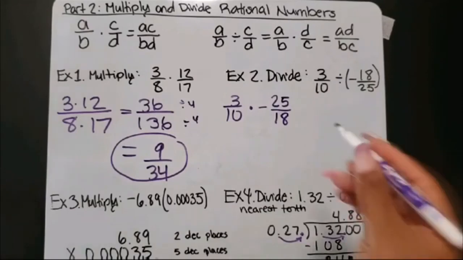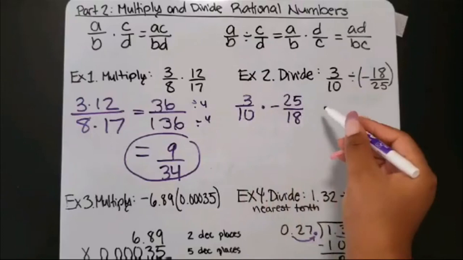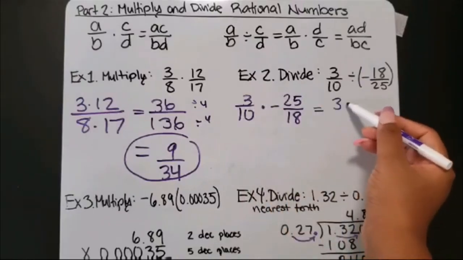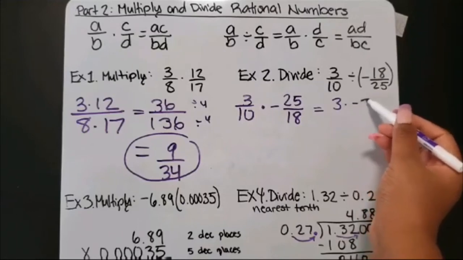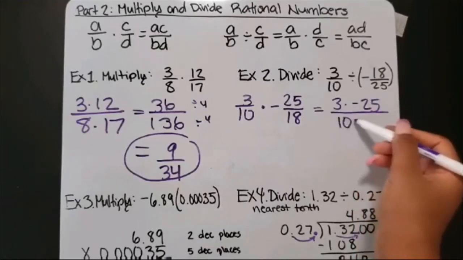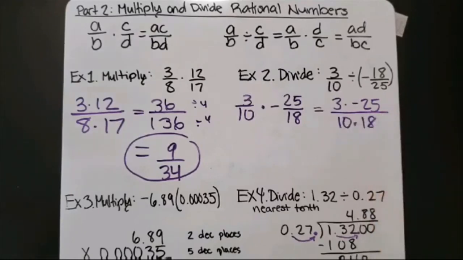So now that we are ready for multiplication again, we can go straight across. So we'll have 3 times negative 25 over 10 times 18.